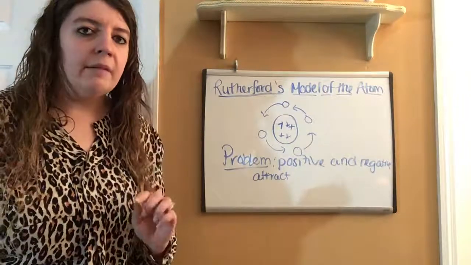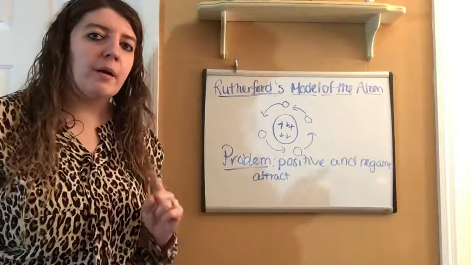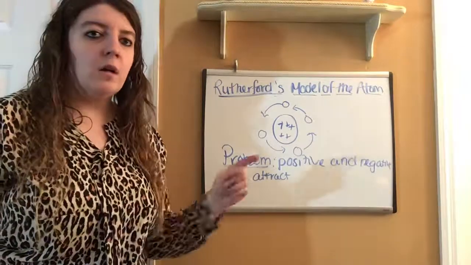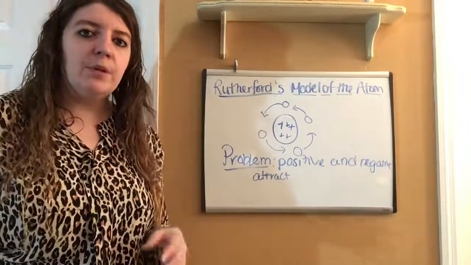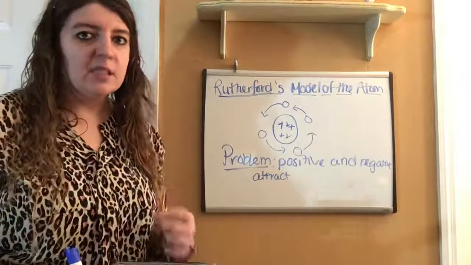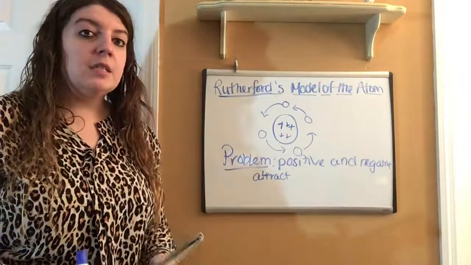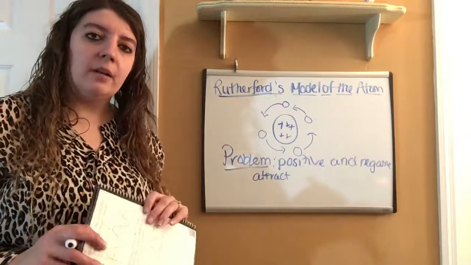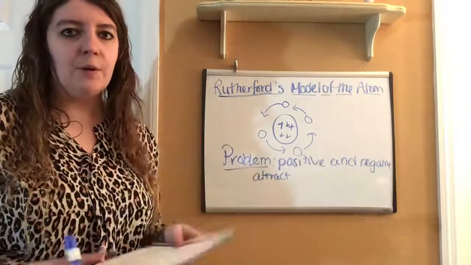And we've already discussed that you don't bombard a nucleus with electrons. You bombard it with neutrons. So, his theory is not correct. However, it did give some people, specifically Niels Bohr, the platform they needed to produce the correct model of the atom that we use in today's society and in our class today.